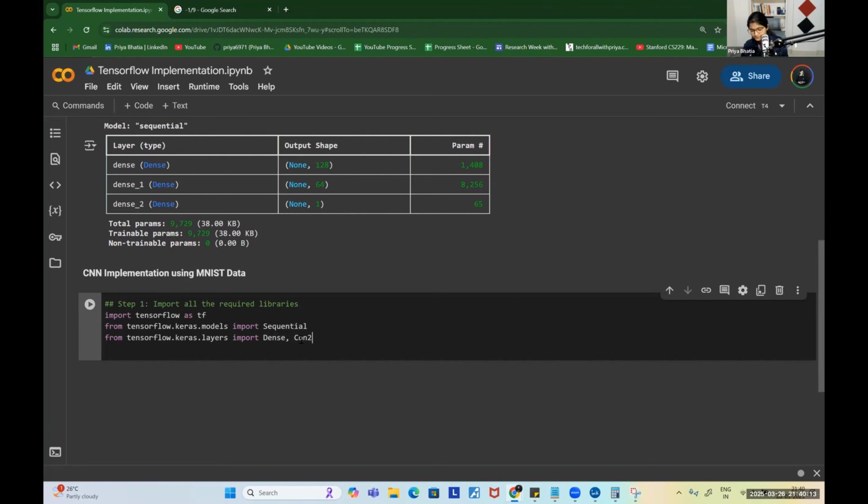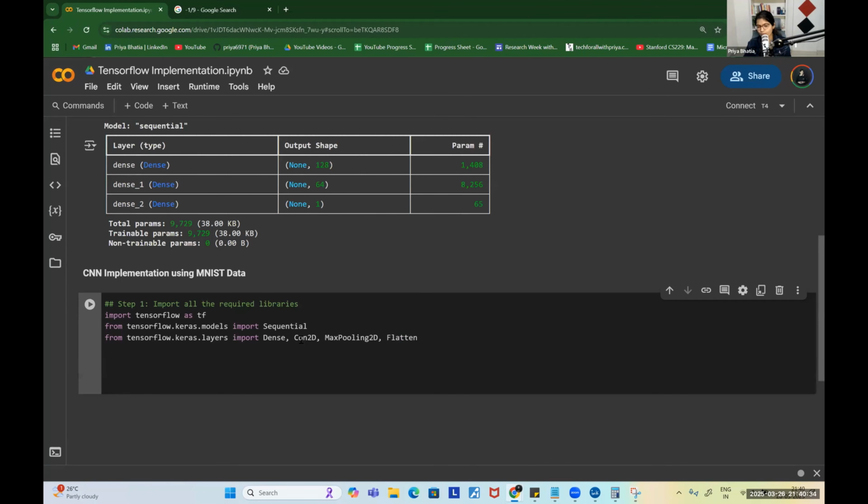Convolutional 2D layer to do the convolutional part that we have discussed today. Max pooling 2D layer to do the max pooling task if we want to do. Flattening layer to do the flattening task. So in this way, you just have to call the functions and it will do your task. We will not do anything from scratch. Already we have functions available.